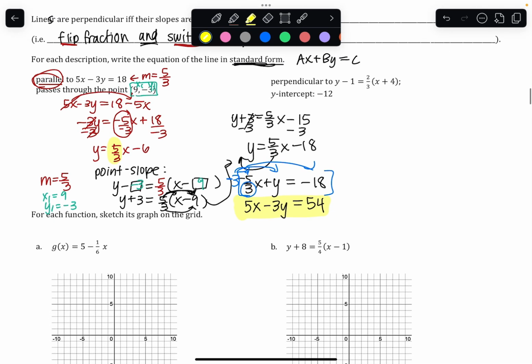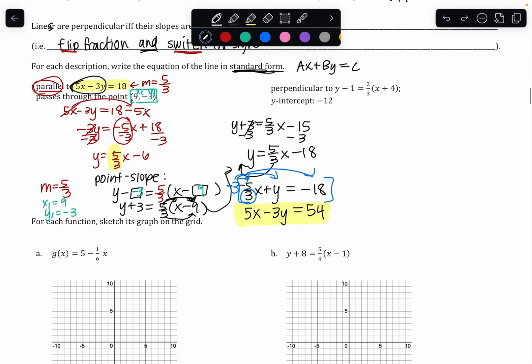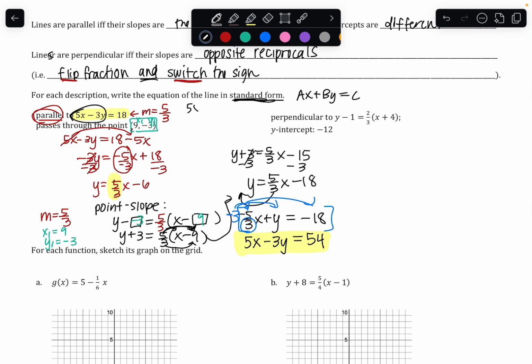Now there is a shortcut to everything I just did. If you are parallel to something in standard form, notice there's a 5x minus 3y. A parallel equation will also have a 5x minus 3y. And so go ahead and write your 5x minus 3y. And then we don't know what it equals, but they give us an x and a y to plug in.